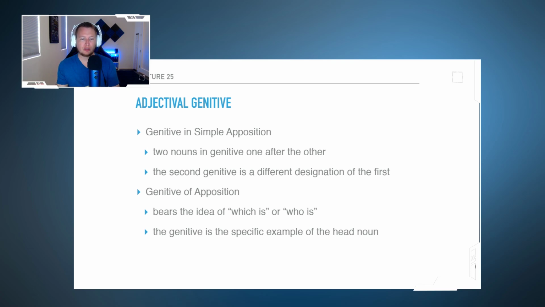And so you're dealing with apposition when it makes best sense when you supply which is or who is, and it makes sense. So that's your test. In a lot of these, you're going to find Wallace has a test for a lot of these, and you're going to have to apply those tests and see if it works.